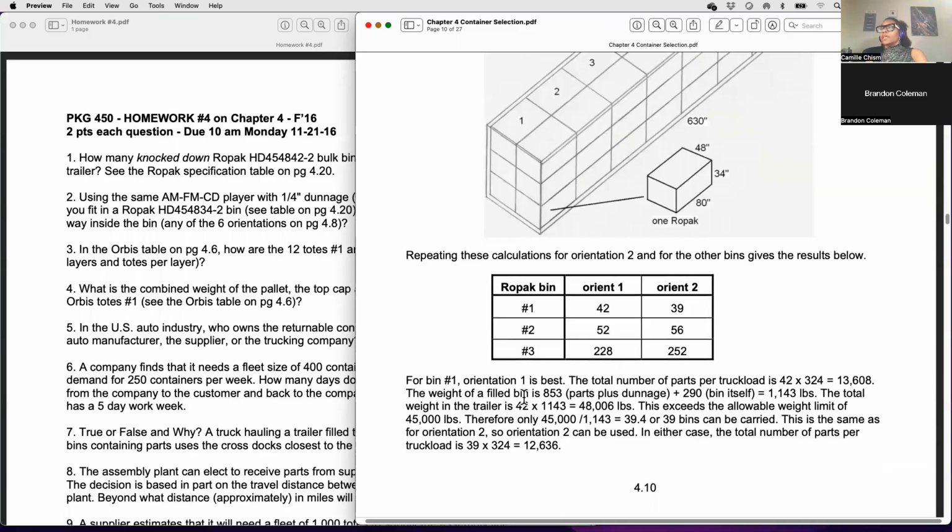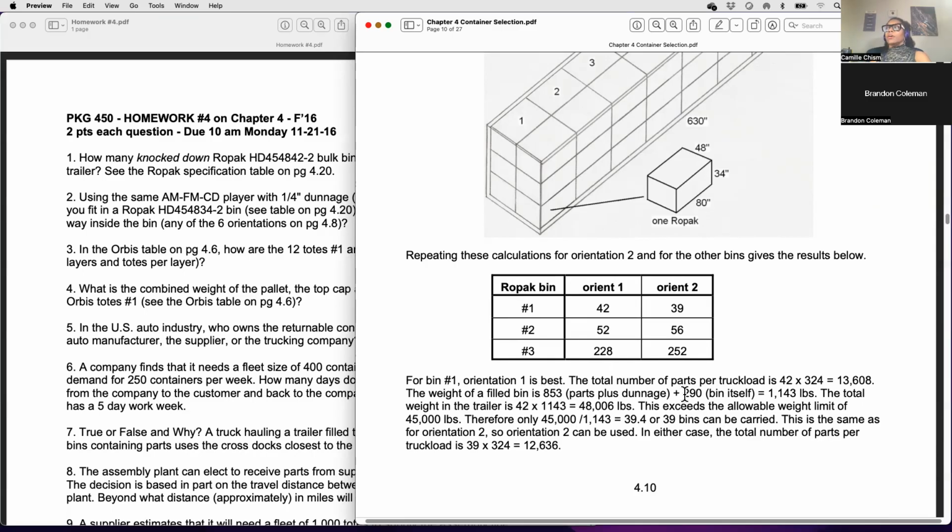Now you want to check the weight of the trailer. Like I said, these are pretty lightweight, so I don't anticipate this would be an issue. But if you're using heavier parts, you still want to check this. So now you know that the filled bin, we calculated the parts plus the dunnage to be 853 pounds.